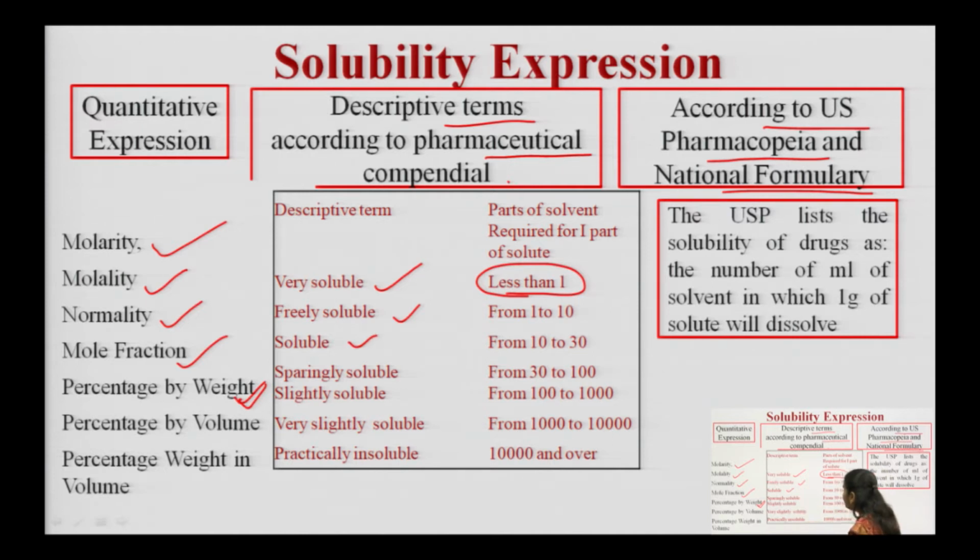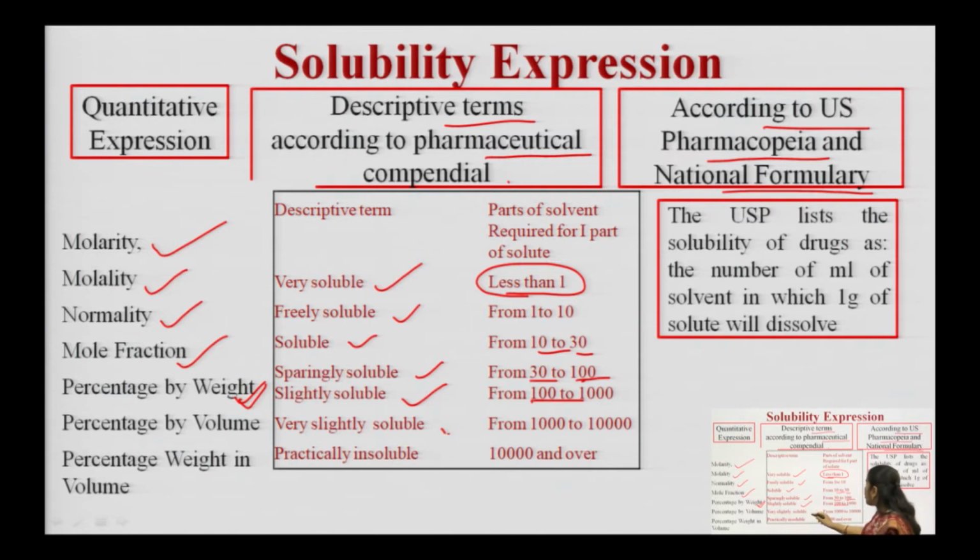Soluble, when the solute requires 10 to 30 parts of the solvent to dissolve 1 part of solute. Sparingly soluble, when the solute requires 30 to 100 parts of solvent to dissolve 1 part of solute. Slightly soluble, when it requires 100 to 1000 parts of solvent to dissolve 1 part of solute.